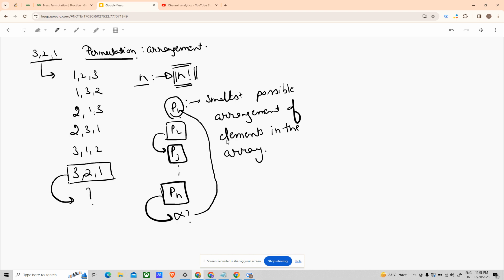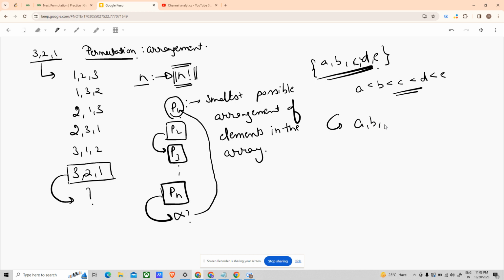Now, if I am given A, B, C, D, E as an array, what is the smallest possible arrangement? Suppose we have been given a condition that A is less than B is less than C is less than D is less than E. Isn't the arrangement A, B, C, D, E the smallest possible?